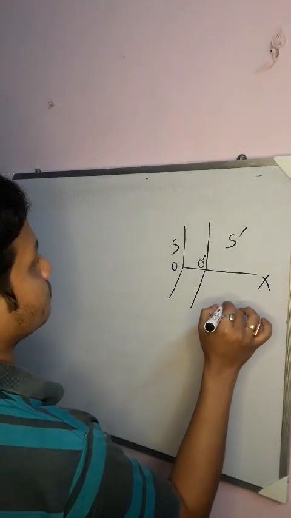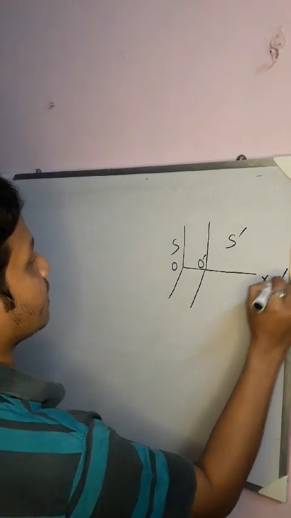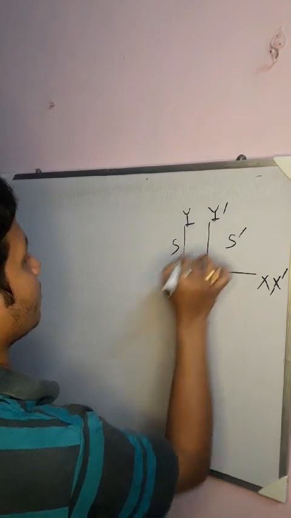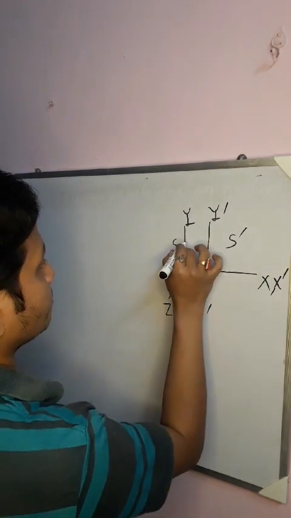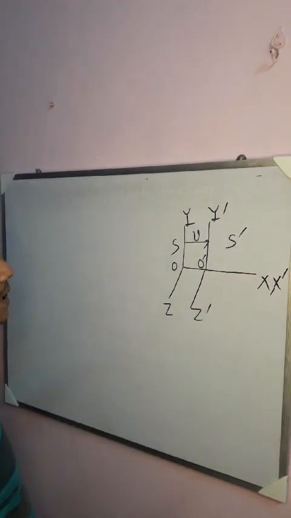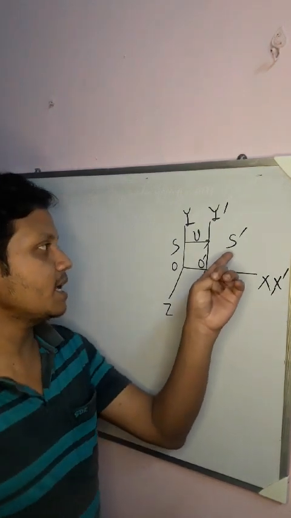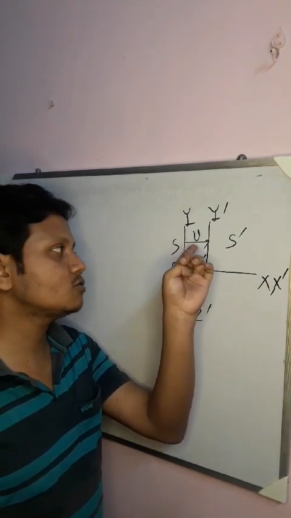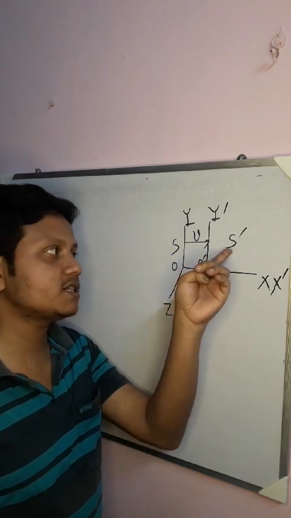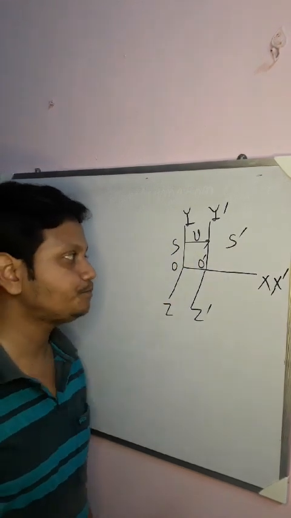This is X and X dash, this is Y dash, Z dash. Here we consider the case that the frame S dash is moving with a constant velocity v with respect to the S frame. That means S dash is also an inertial frame.